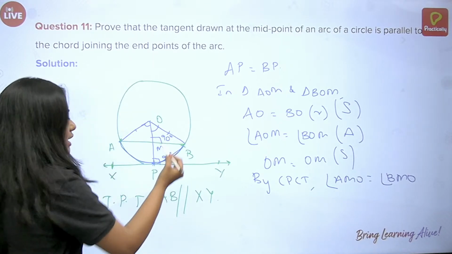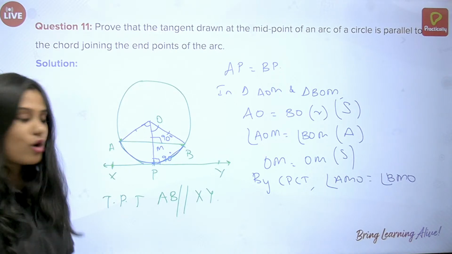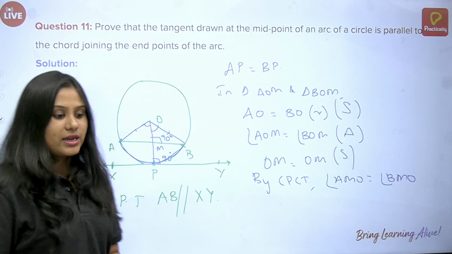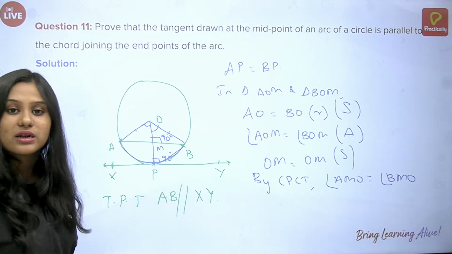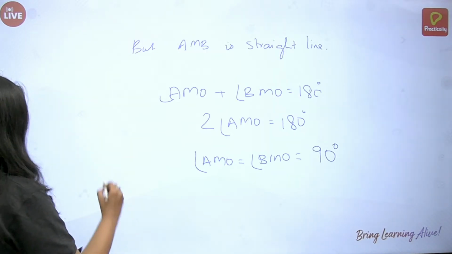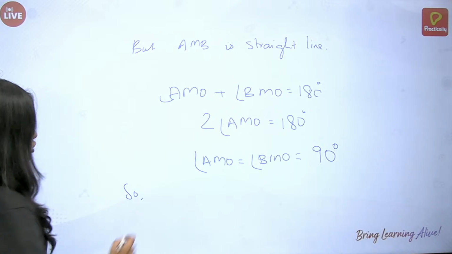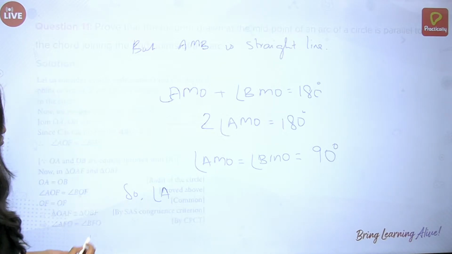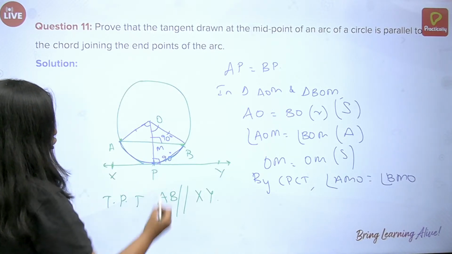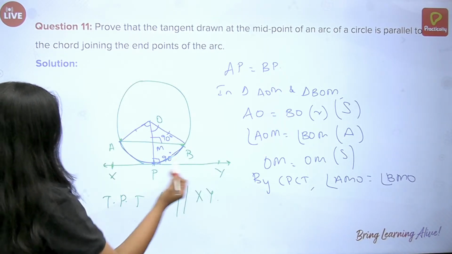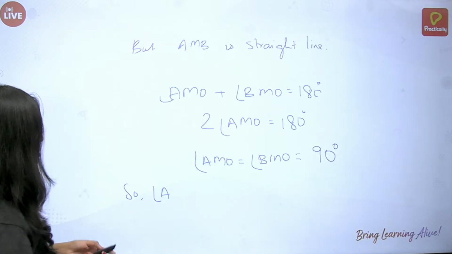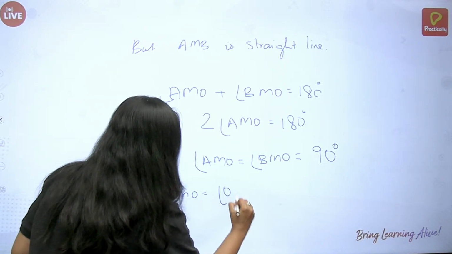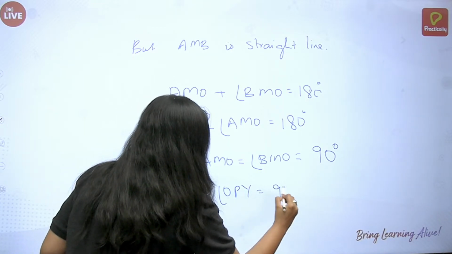And these two are corresponding angles of the lines AB and XY. If corresponding angles are equal, then these two lines are parallel. So, write a conclusion. Angle BMO is equal to angle OPY is equal to 90 degrees.